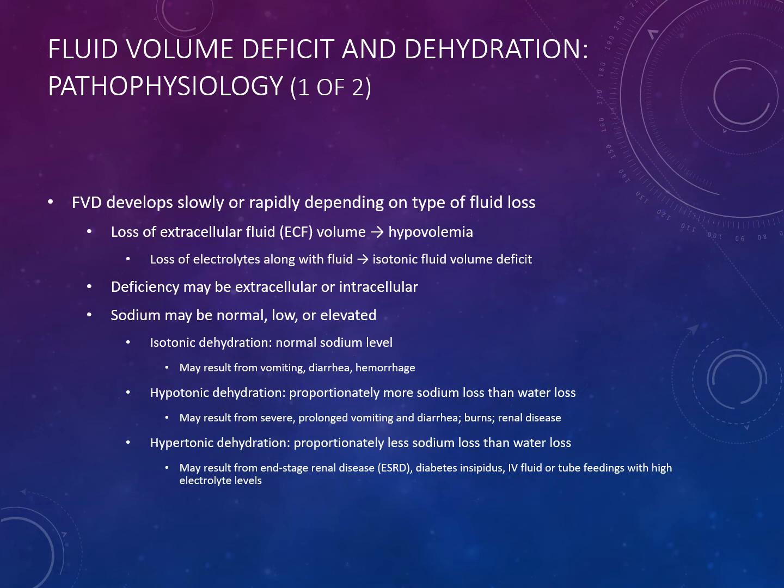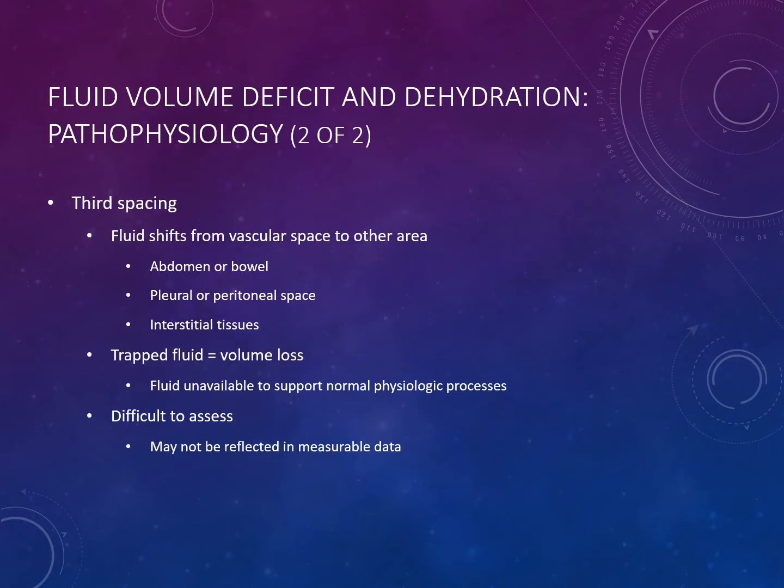Hypotonic dehydration, you have proportionately more sodium loss than water loss, so may result from severe prolonged vomiting and diarrhea and burns. So we're losing sodium, which can affect our muscles and that heart muscle. Hypertonic is proportionately less sodium loss than water, may result from end-stage renal disease, so we may have too much sodium, which can affect our muscles and heart as well.